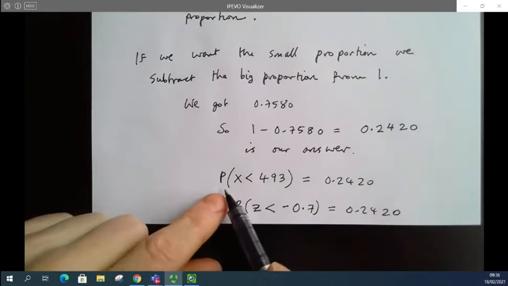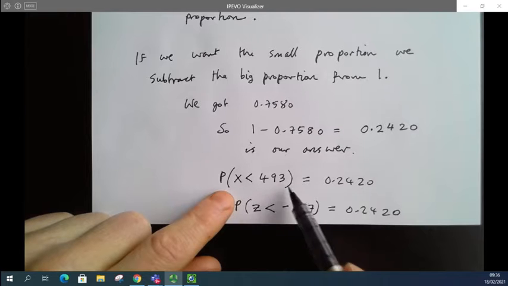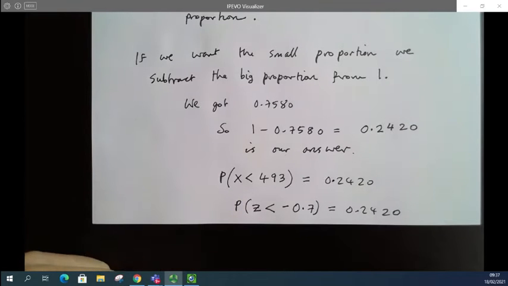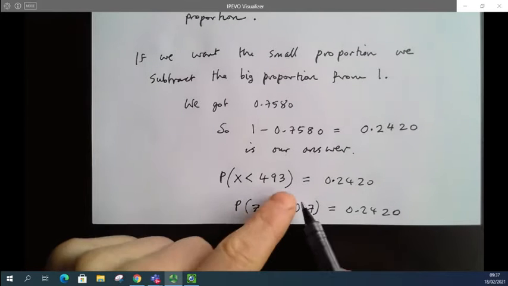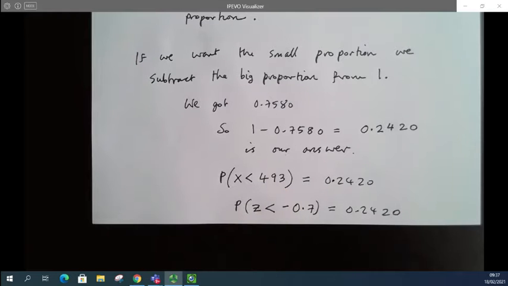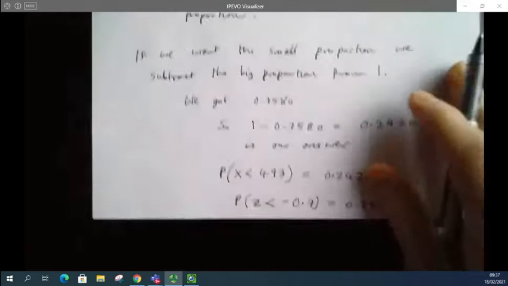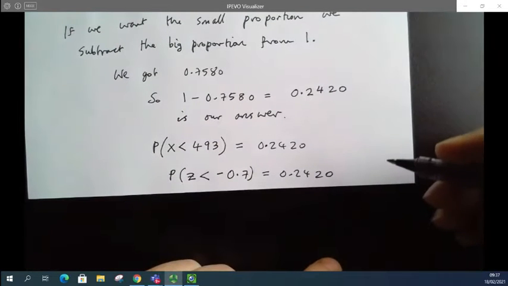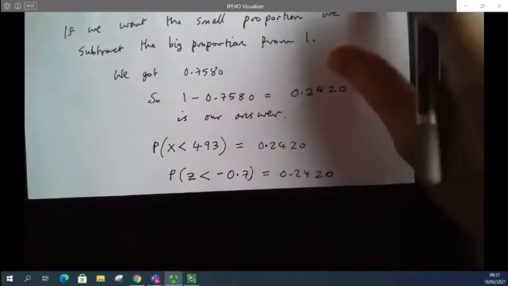So what this means is the probability that x is less than 493 is 0.2420. In other words, if you were asked for the percentage of cornflakes boxes which were lighter than 493 grams, we would say that it's 24.20%. So I wish I had space for that, but I don't.